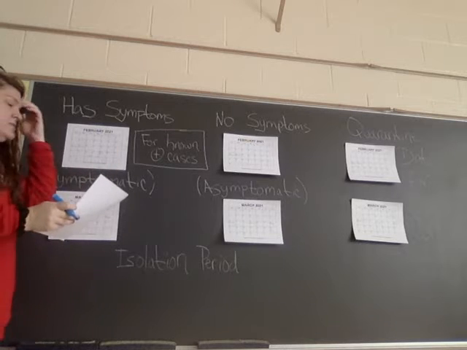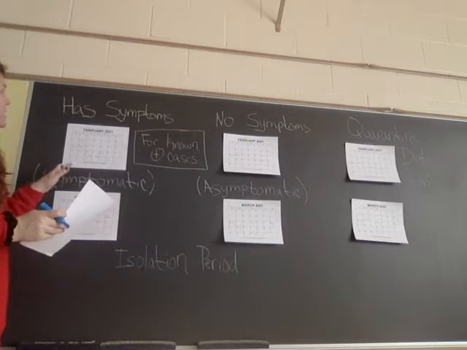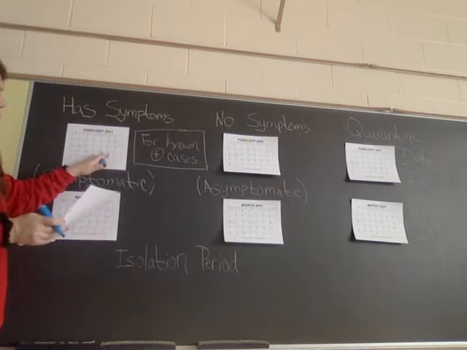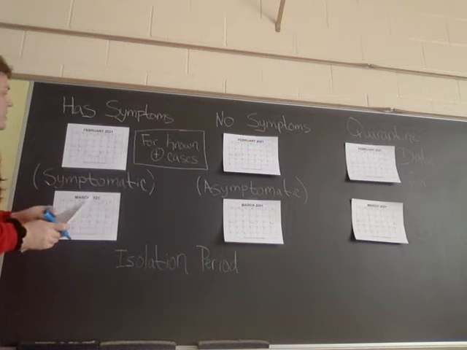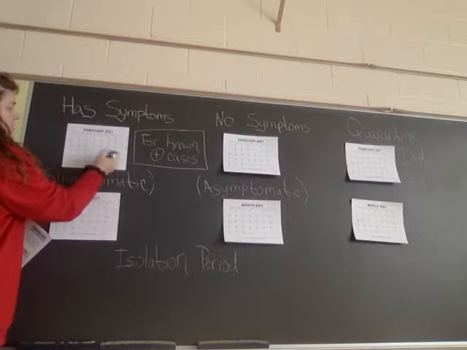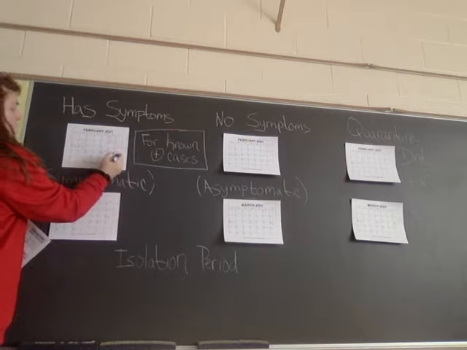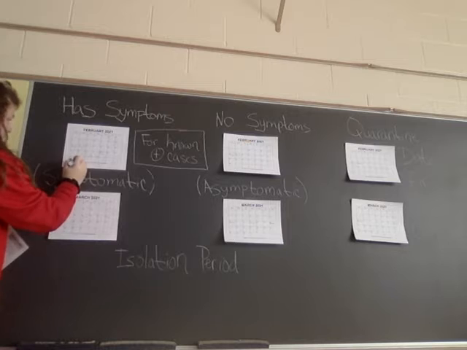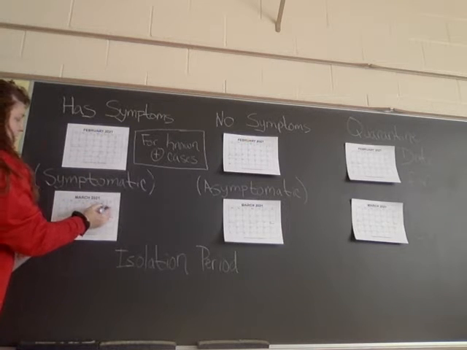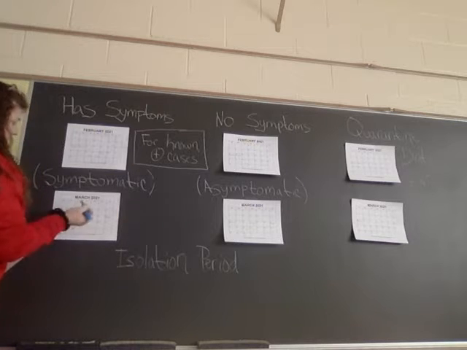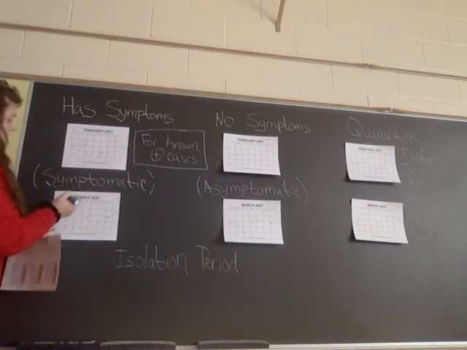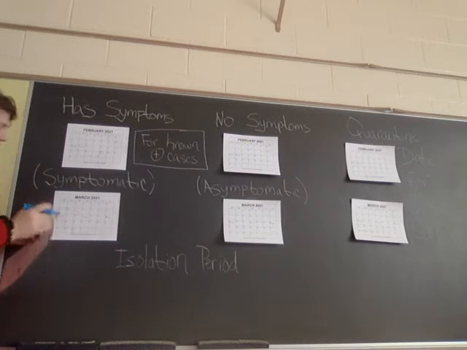We know that person had symptoms, so we're going to count 10 days for their return to school, but we're not going to count this 25. We're going to start at 26. So 1, 2, 3, 4, 5, 6, 7, 8, 9, 10. So that person's return to school date would be the 8th of March.